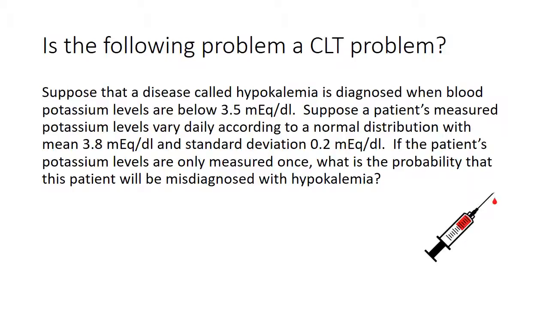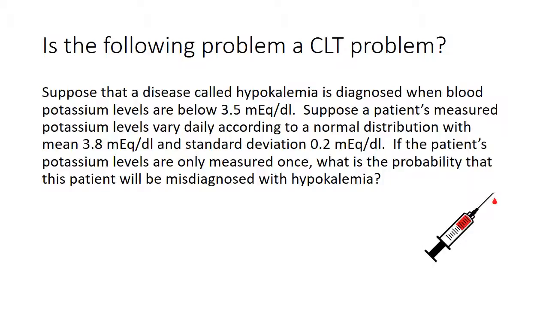Okay, suppose a patient's measured potassium levels vary daily according to a normal distribution with a mean of 3.8 milliequivalents per deciliter and standard deviation 0.2. If the patient's potassium levels are only measured once, what is the probability that the patient will be misdiagnosed with hypokalemia? Is this a central limit theorem problem?